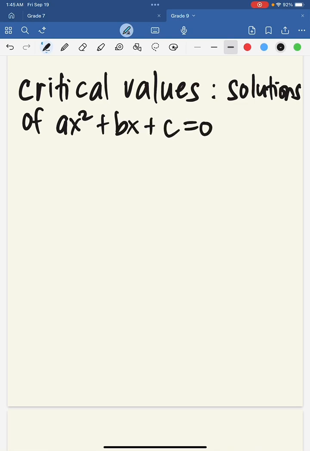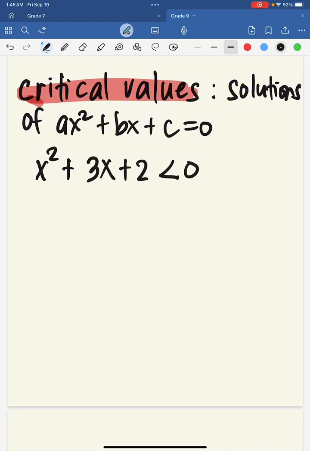Now, why is this called critical values? It is because when we are given a certain quadratic inequality, for example, x squared plus 3x plus 2 is less than 0, we try to make it a quadratic equation first.